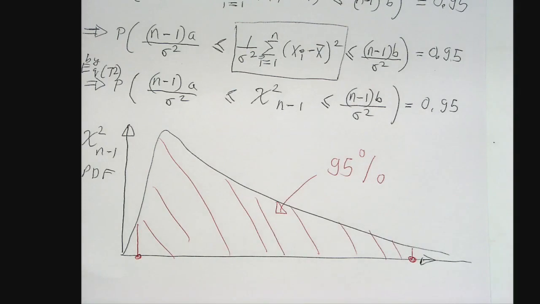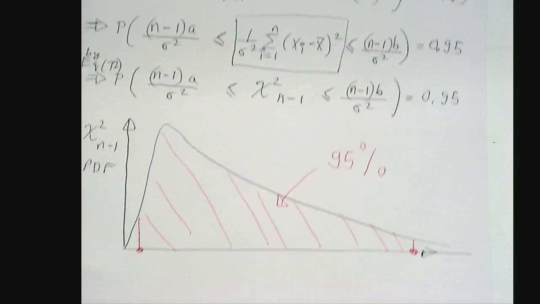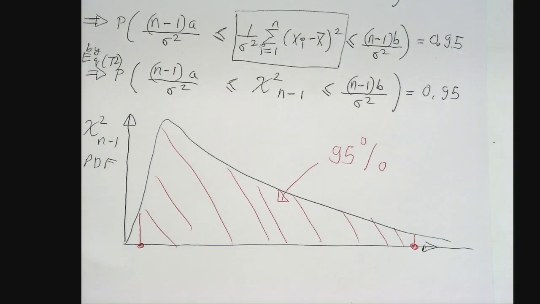If this area is 95%, this area and this area together should have 5%. It's difficult to say: you could have 1% here and 4% here, or 4% here and 1% here, or 2% here and 3% here.